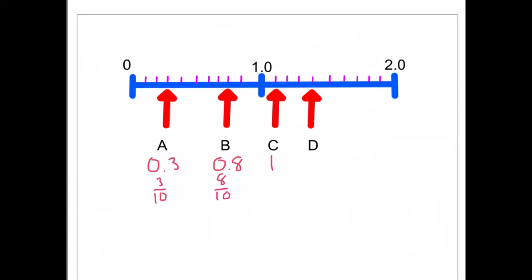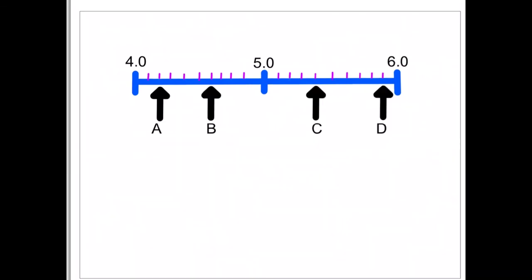C is at 1.1, which is 1 whole one and 1/10. And D is at 1.4, which is 1 whole one and 4/10. Can you work out the value of A, B, C and D on this number line? Come back to check your answer.